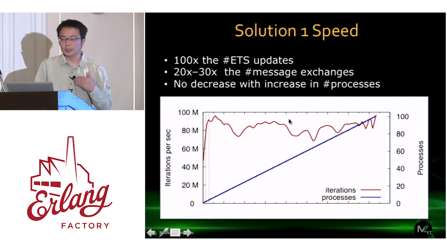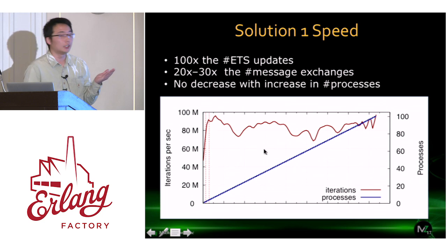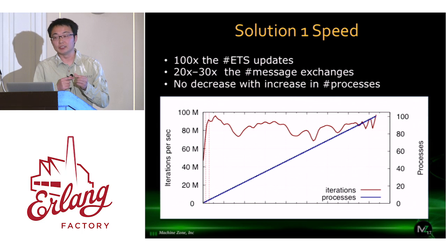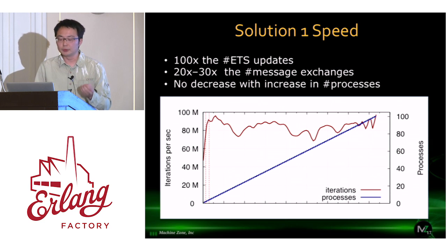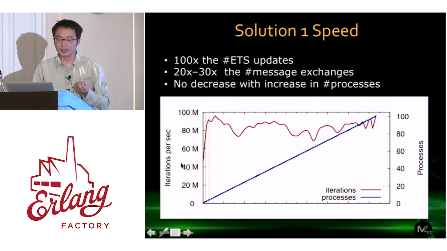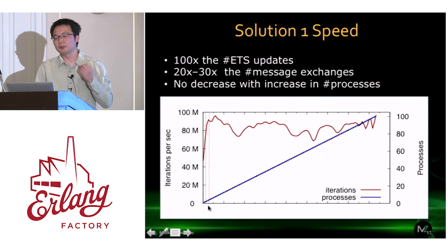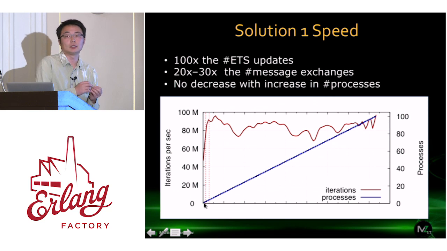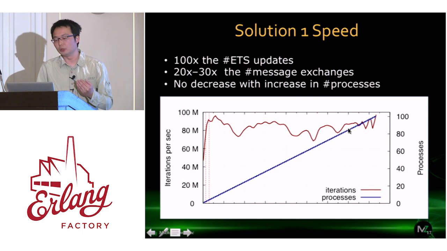In the experiment, we keep doing a small computation, and when we finish, without passing or receiving any message, we go to the next loop, and we are interested in how many loops it can finish within 1 second. The experiment setup is the same. We start with one process on the node, and we gradually increase the number of processes from 1 to 100.